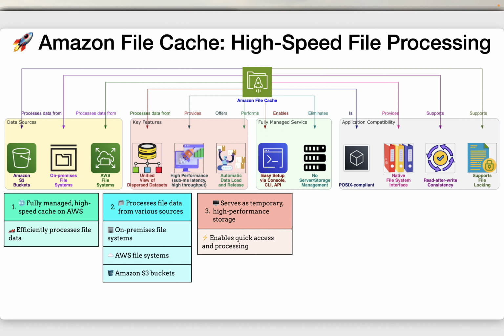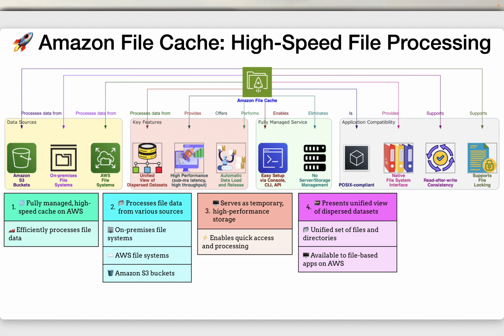Amazon File Cache acts as a temporary high-performance storage location for the processed file data, enabling quick access and processing. It presents data from linked datasets as a unified set of files and directories, making dispersed datasets available to file-based applications on AWS with a single consolidated view.